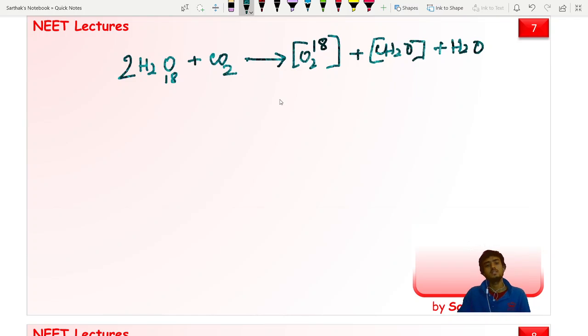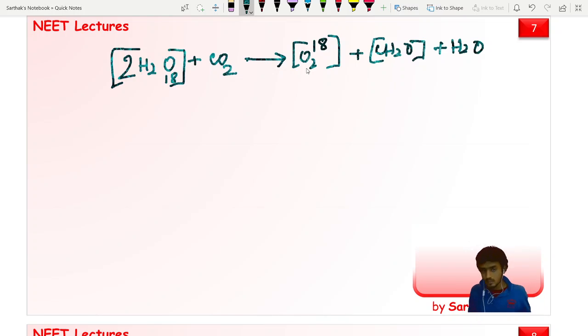So basically this is how he proved that the O2 which comes as a byproduct of photosynthesis comes from water and not from CO2.